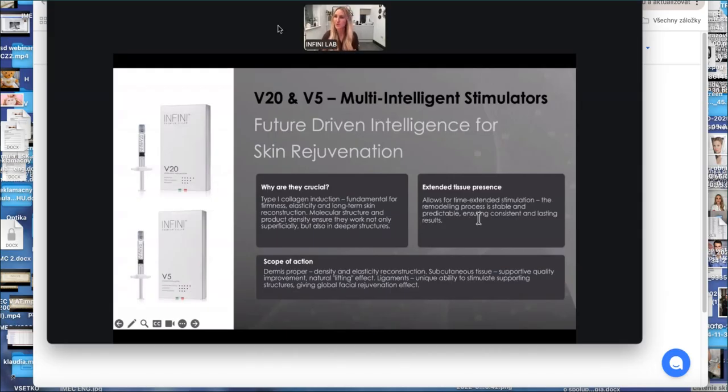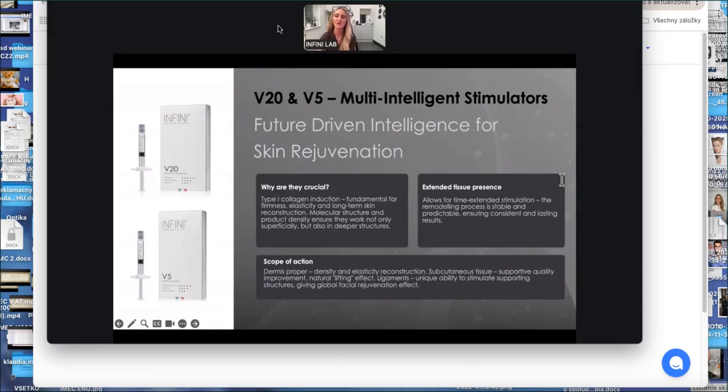And if you want to push the results a little bit further, I actually prepared a little slide here. We're not talking about the V20 today, but I really like connecting them together. So a great option is to combine V5 and V20.